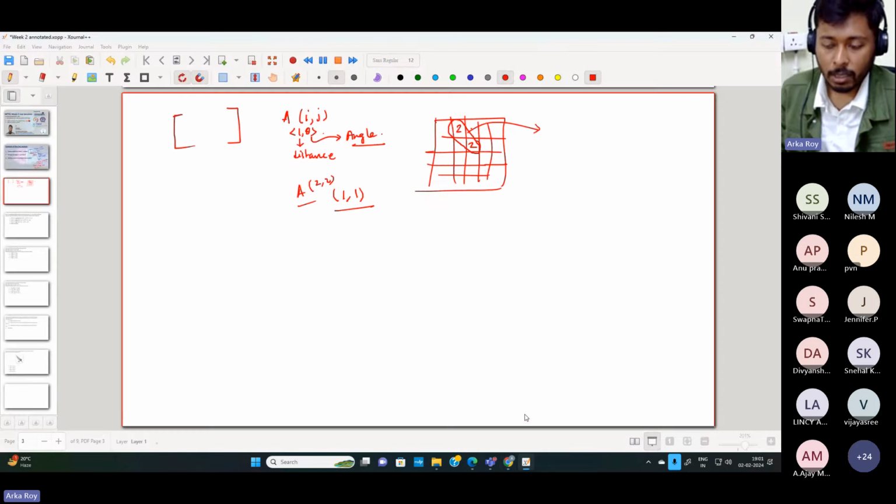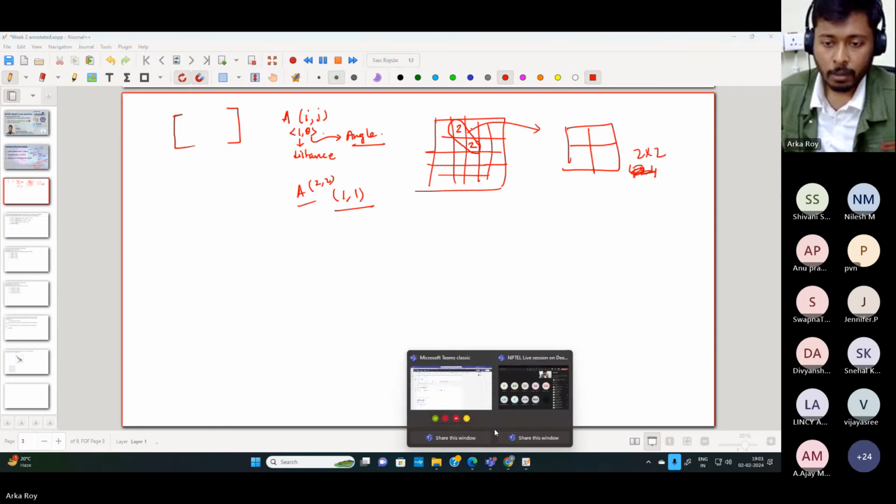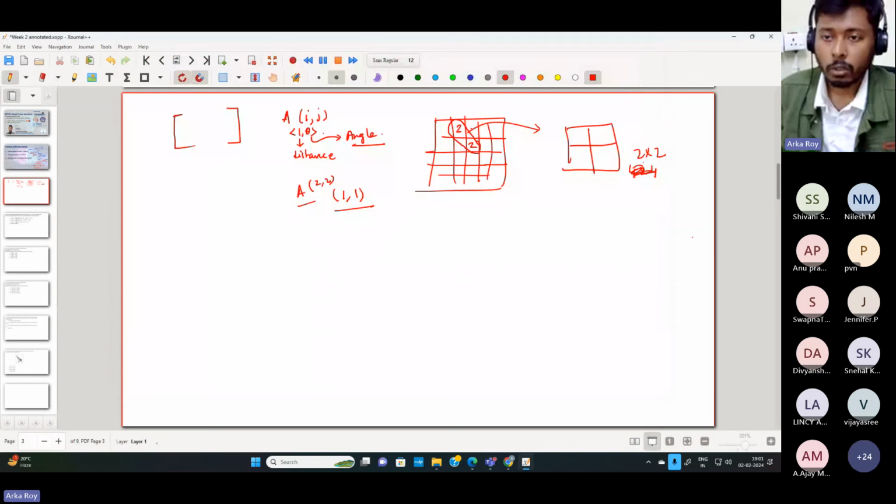Let me give you another example. Let us consider we have a 2 cross 2 gray level co-occurrence matrix, and the values are, let's say, 5, 10, 15, and 13. Normalization means you divide all these values by the maximum value in the matrix.